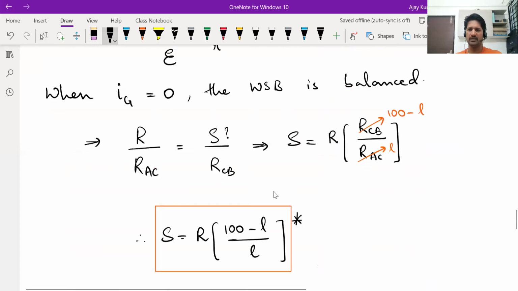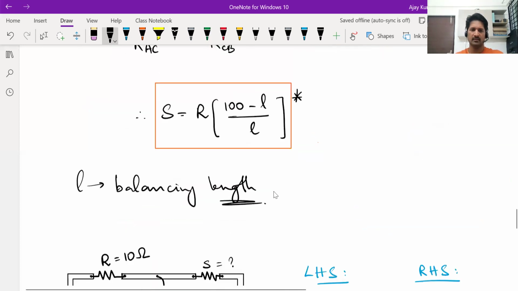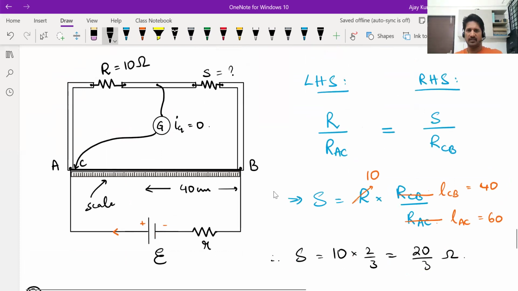We have already discussed, if length AC is increasing, the left hand side ratio is decreasing, right hand side ratio is increasing. It's still not balanced, so the current will still be flowing through the galvanometer and it will still show deflection. But you will now observe the deflection is slightly less than the previous value. Slightly lesser current will be flowing through it.